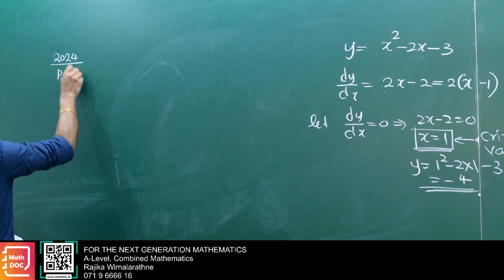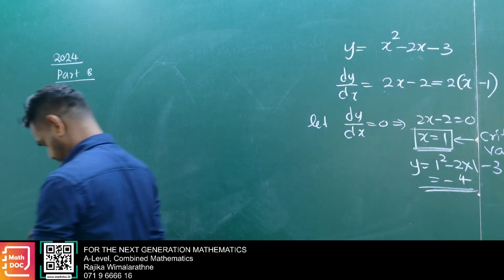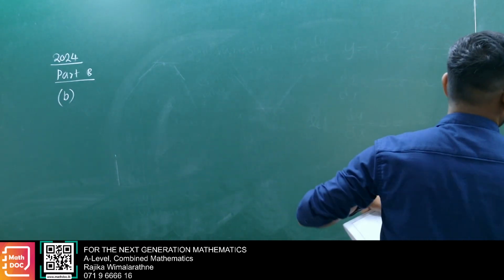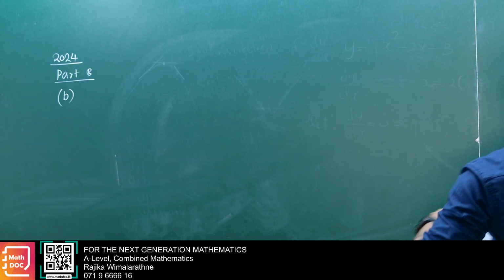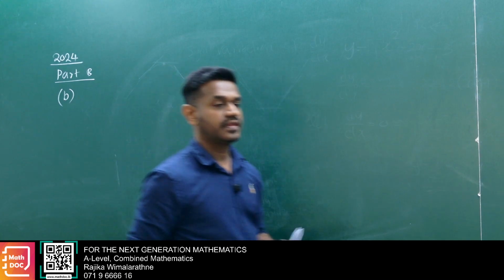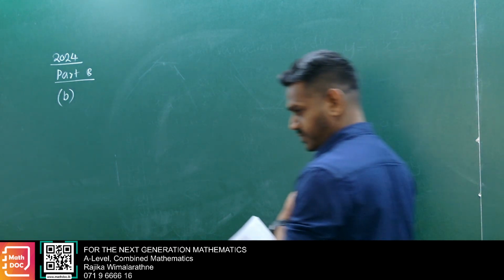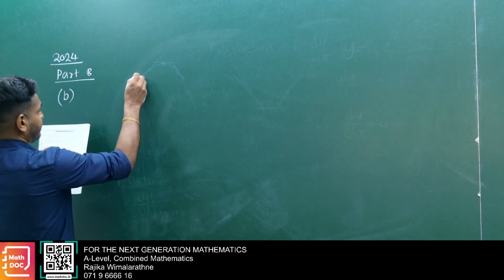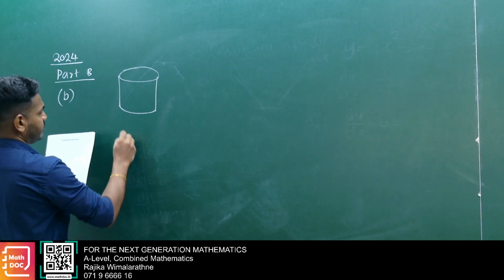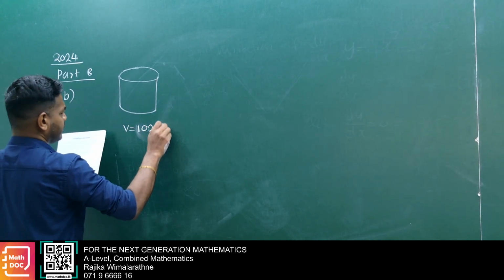Part B, first sketch. Here a cylinder, with top and bottom, is made to have a volume of 1024 pi cubic centimeters.